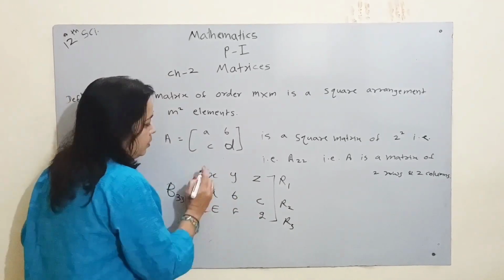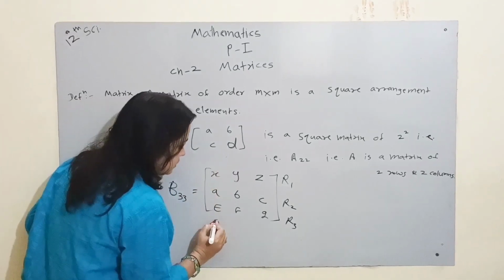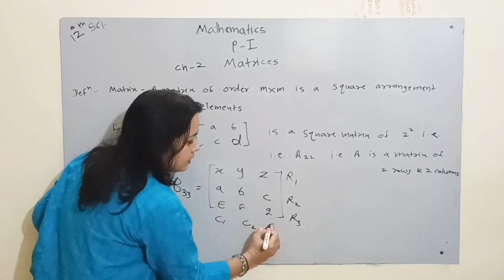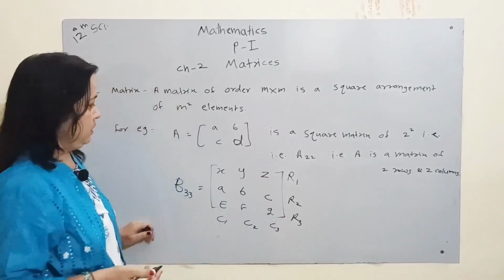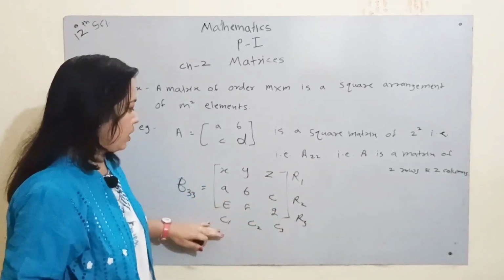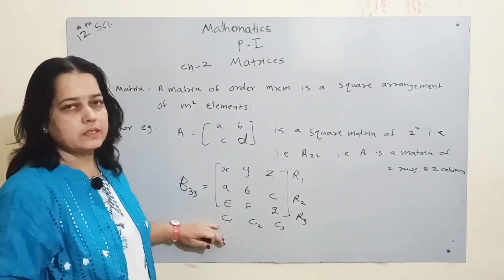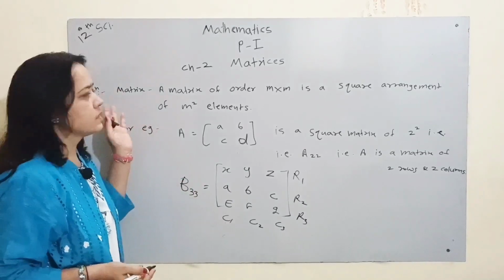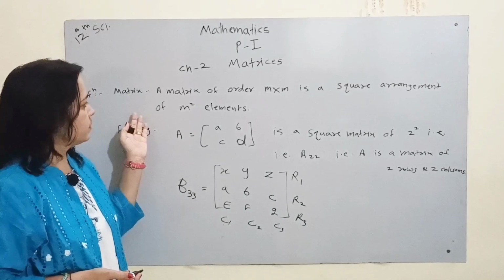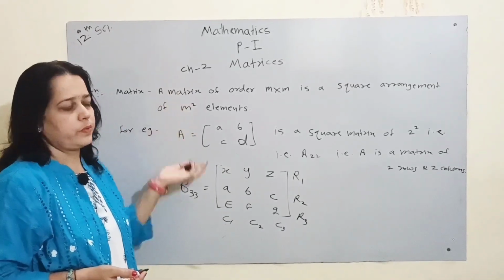So here first column, that is C1, here second column C2, and here third column C3. Rows are represented by capital R, and columns are represented by capital C. So this is a matrix. A matrix is a square arrangement of elements of order m square.